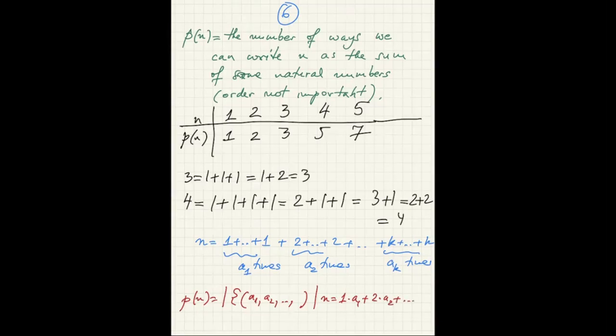They have the property that a1, a2, and so on are all greater or equal to 0. Another property is that finitely many of them are non-zero.